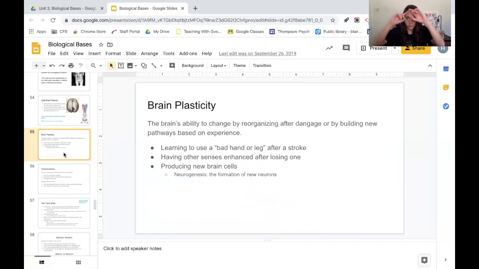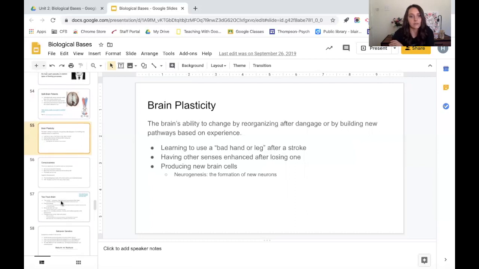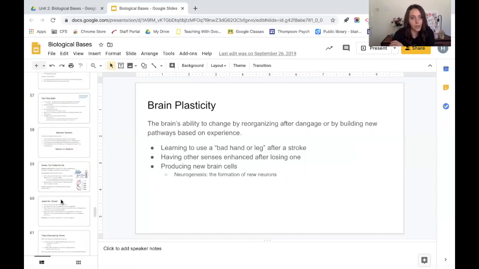So for example, if you lose one of your senses, like if you lose sight, usually after that, all of your other senses are heightened because your brain is now allowed to give more focus to the 4 other senses because it isn't divided another way.